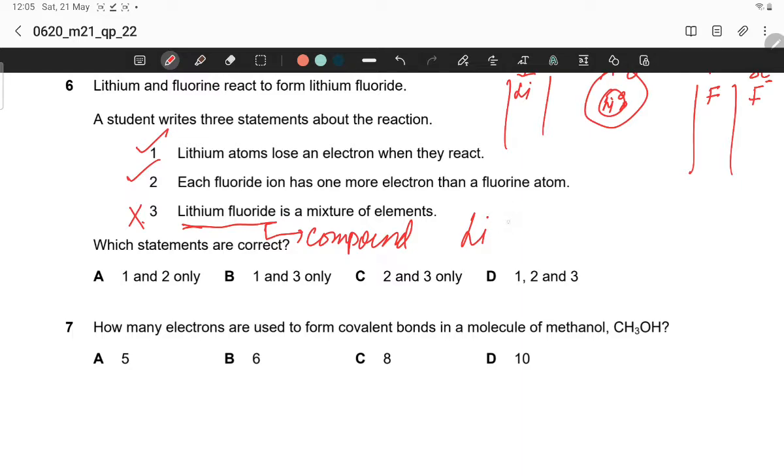One lithium atom loses 1 electron and a fluorine atom gains 1 electron to form lithium fluoride. So this is not a mixture, this is a compound. So this is incorrect. Which statements are correct? So 1 and 2 are correct, so this must be correct. This is incorrect. 1 and 3 are incorrect, 2 and 3 are incorrect, 1, 2, 3 all are also incorrect.